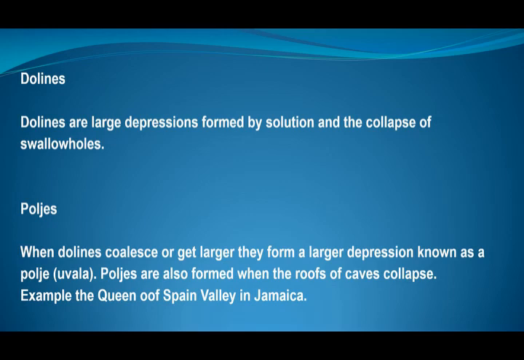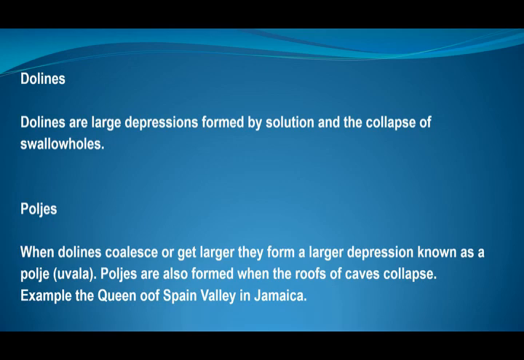All right, so it's a much larger depression or opening on the limestone surface, larger than a doline. So as you can see, the difference between them here is the size. A good example of a pulgey is the Queen of Spain Valley in Jamaica.